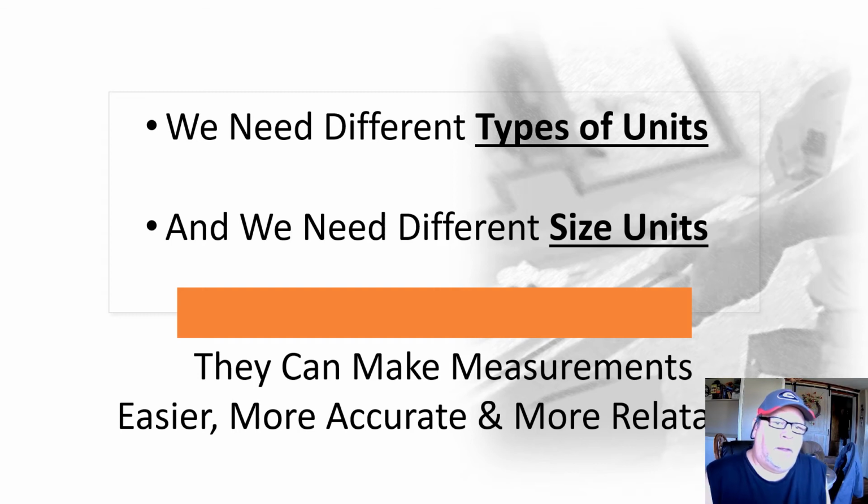Example: if I said I drove somewhere today and I averaged about 316,800 feet per hour, you can't relate to it. But if I said I average about 60 miles an hour, you know what I'm talking about.